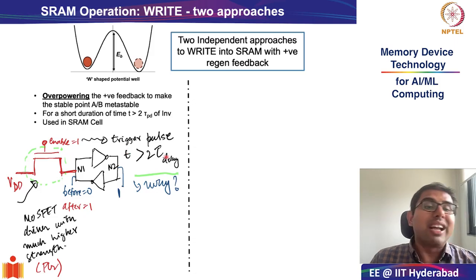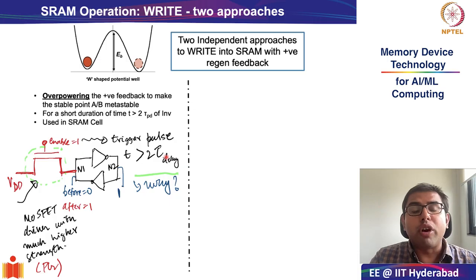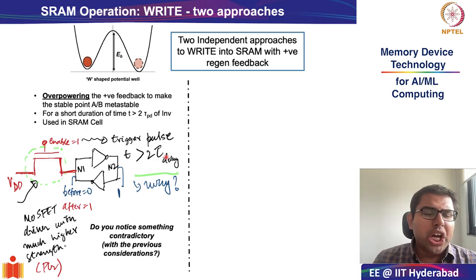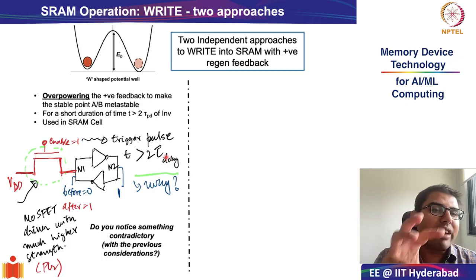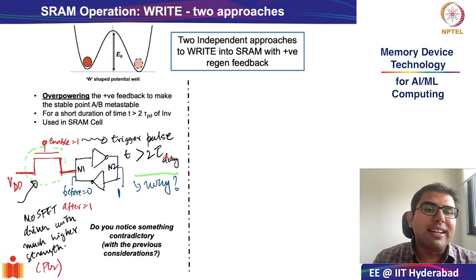So that is the one consideration. Now, having told you that this is the most viable way of overpowering the positive feedback to replace the value which was at N1 from 0 to 1, a question that I would want to ask you is, do you find something very, very contradictory that I am trying to prescribe over here compared to what we had seen in the read cycle?